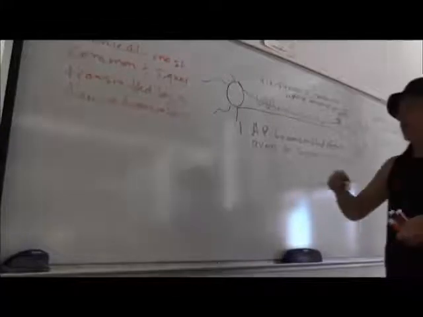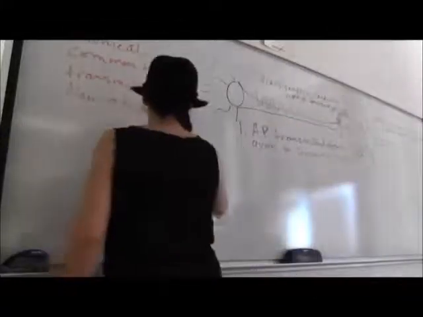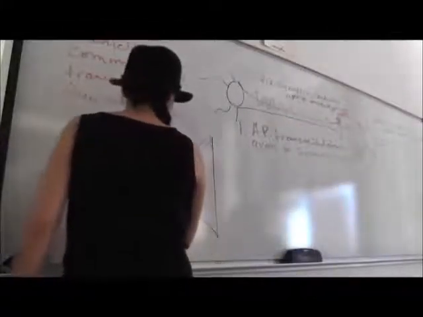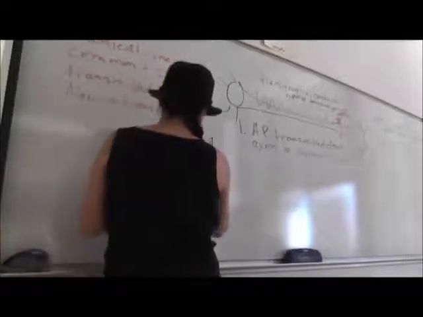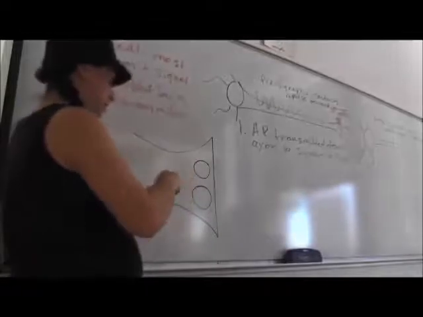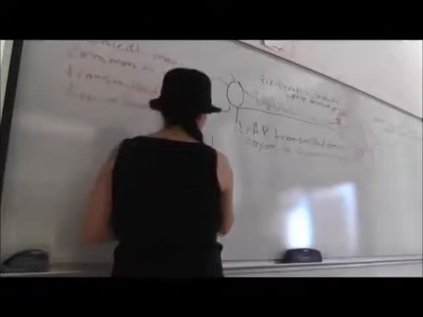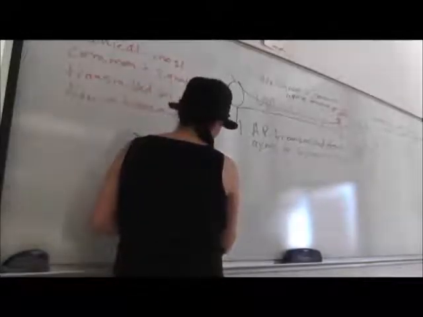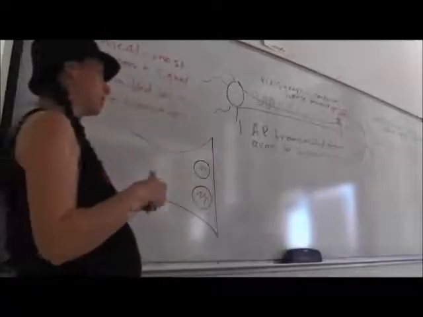Why is this important? Well, if we think about it, we'll kind of blow out the synaptic knob here. Our neurotransmitters are stored in vesicles. Vesicles are made of the same stuff as plasma membrane. So they can bind with the plasma membrane, fuse with it, and dump neurotransmitter.